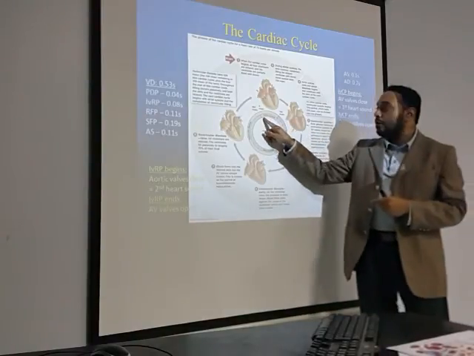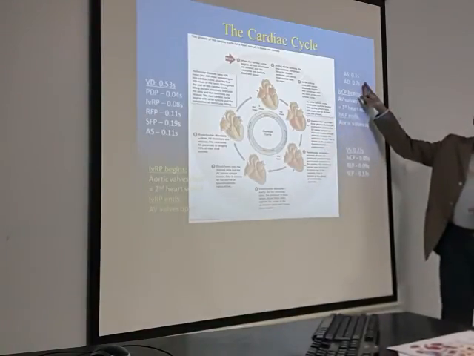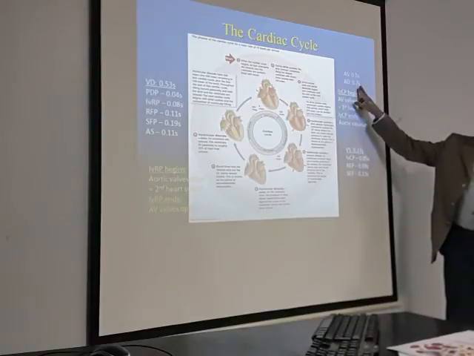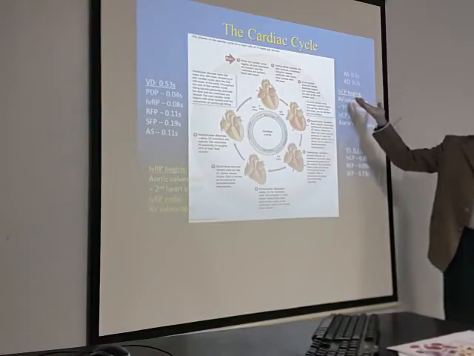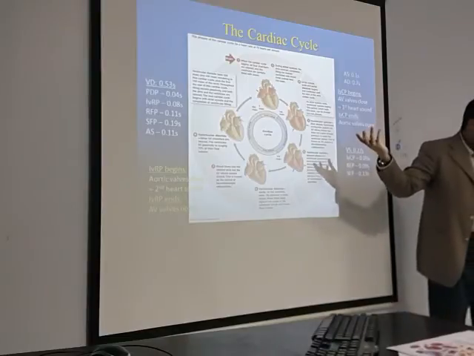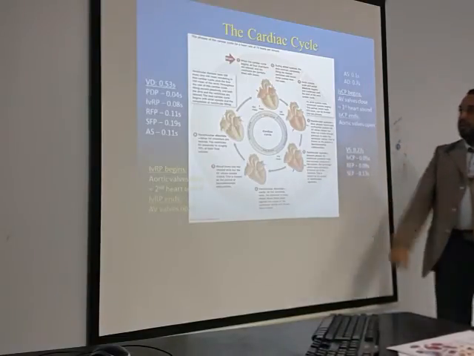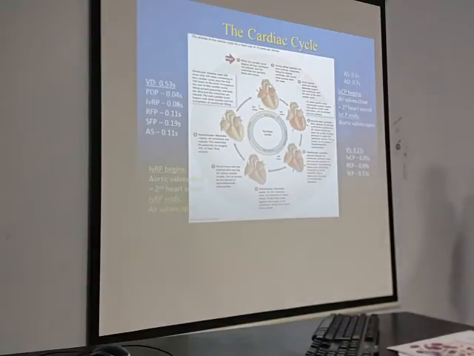When it is 0.1, it's very simple to remember. When it is 0.1 duration for atrial systole, that means atrial diastole will be 0.7. Similarly, let us take up ventricular systole and diastole.